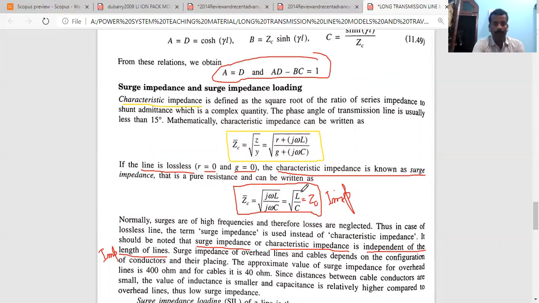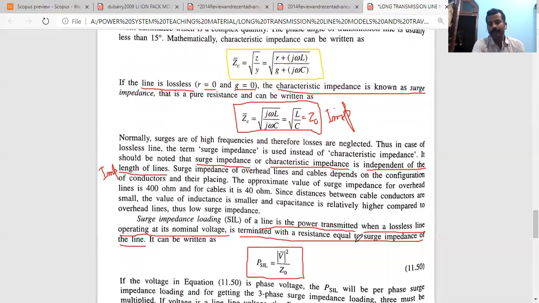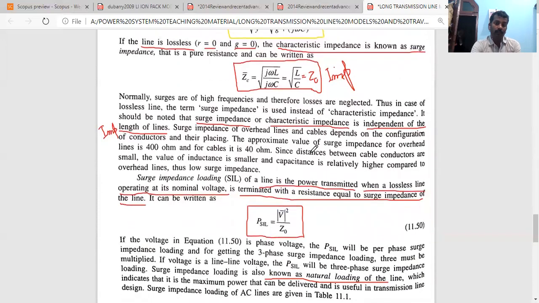It will be equal to root of L by C, and it is denoted by Z0, the surge impedance, right? Surge impedance or the characteristic impedance is independent of the length of the line. You can see from the formula, surge impedance Z0 is independent of the length of the transmission line, right?